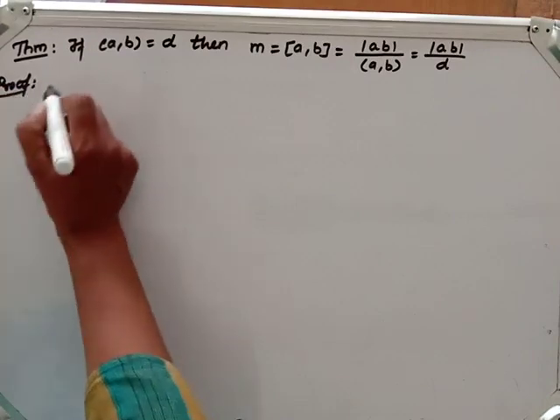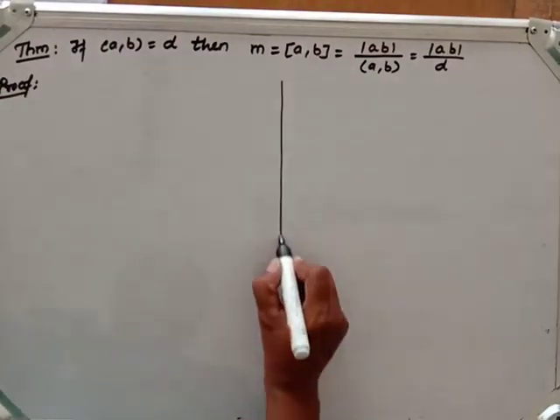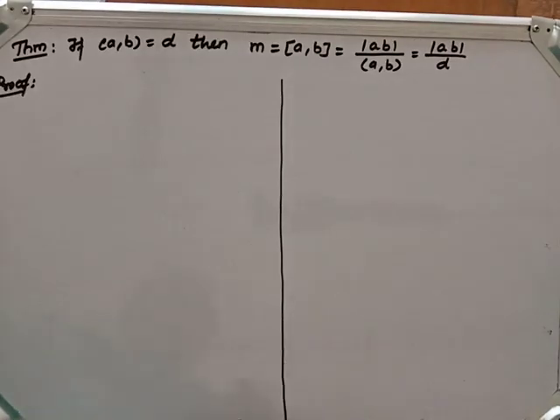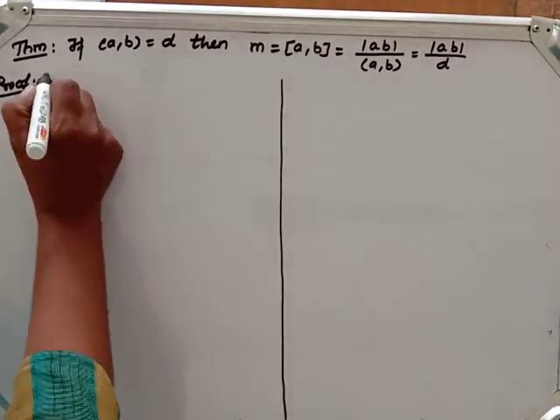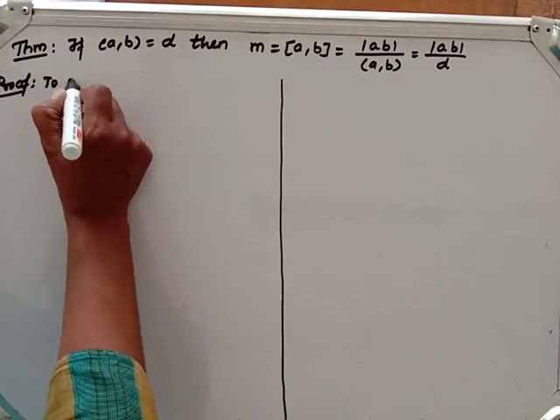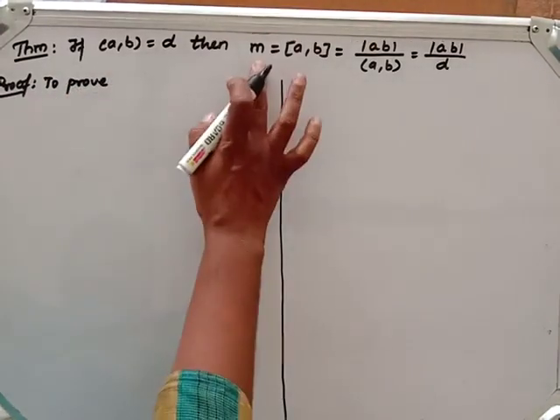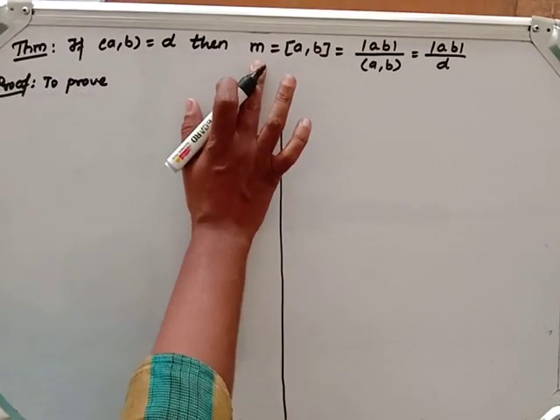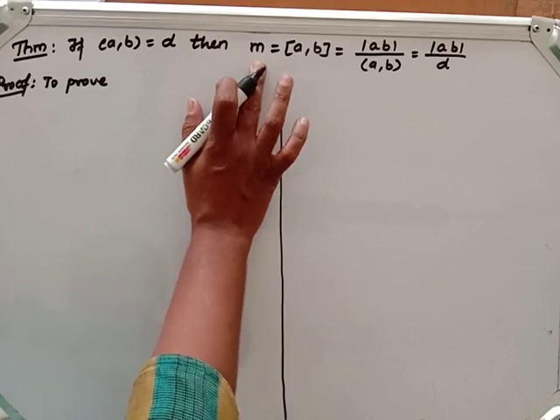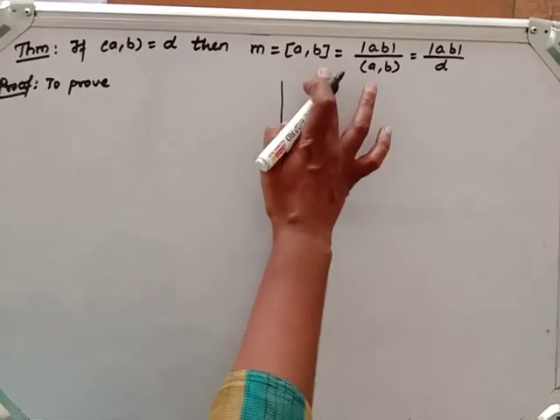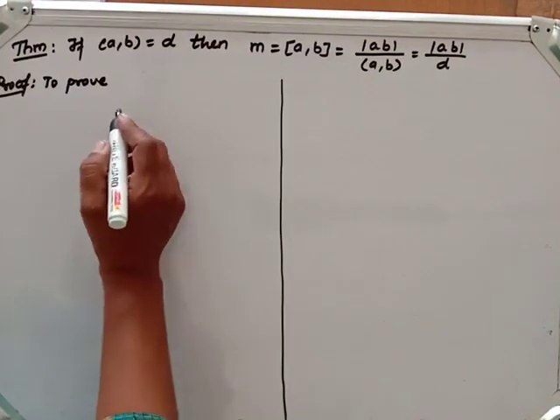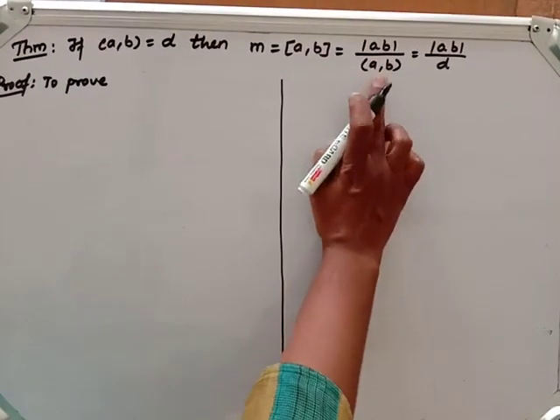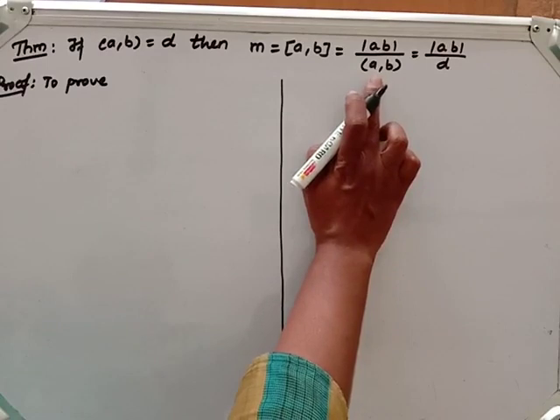Proof. Our aim is to prove that this M is the LCM of A and B first. And if it is the LCM of A and B, this form can be written. Let us try to prove this, and we can easily get this form also.